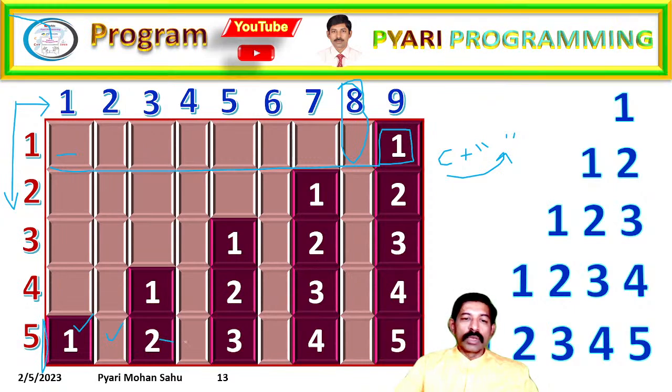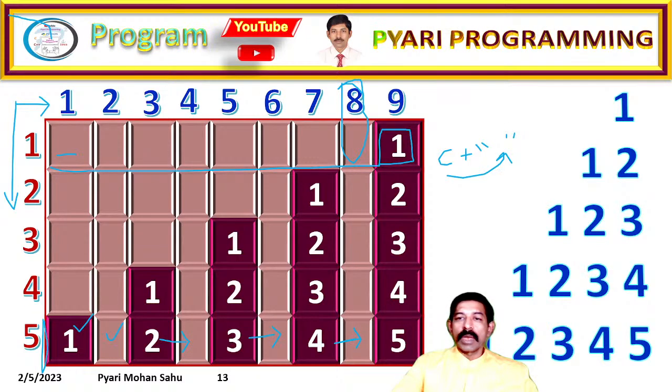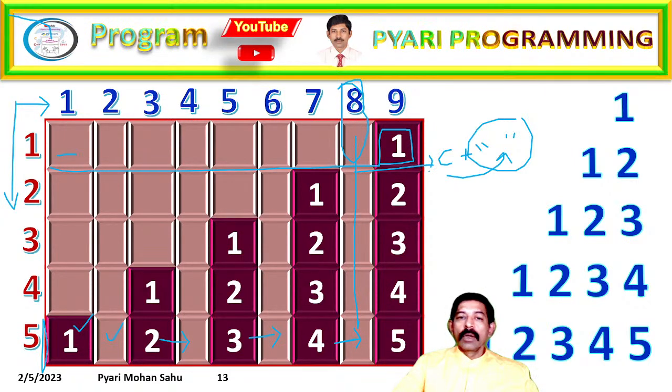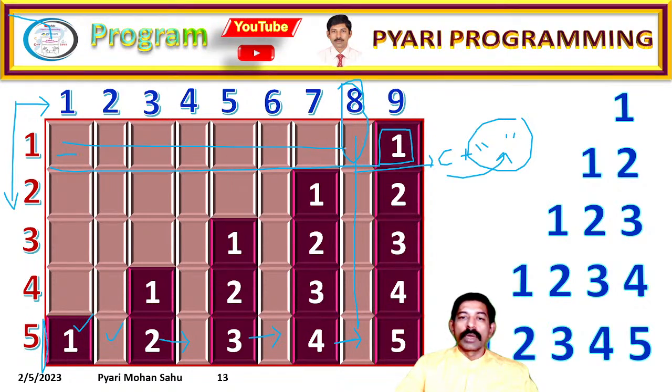Then 2 with its space, 3 with its space, 4 with its space. This space I'm talking about. These are the spaces that I'm getting because of this. But we need some other spaces also. These spaces need to be given to print 1 over here.